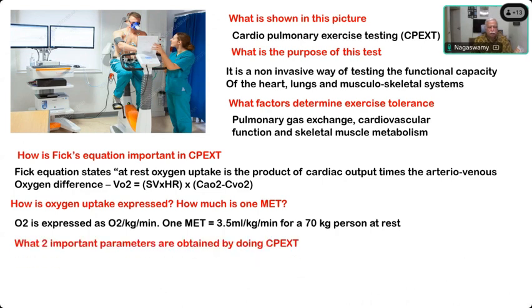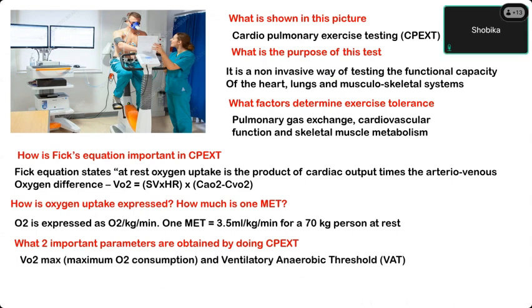What two important parameters are obtained by doing cardiopulmonary exercise testing? Maximum heart rate achieved and maximum oxygen consumption. What is anaerobic threshold? Beyond that the tissue will suffer.